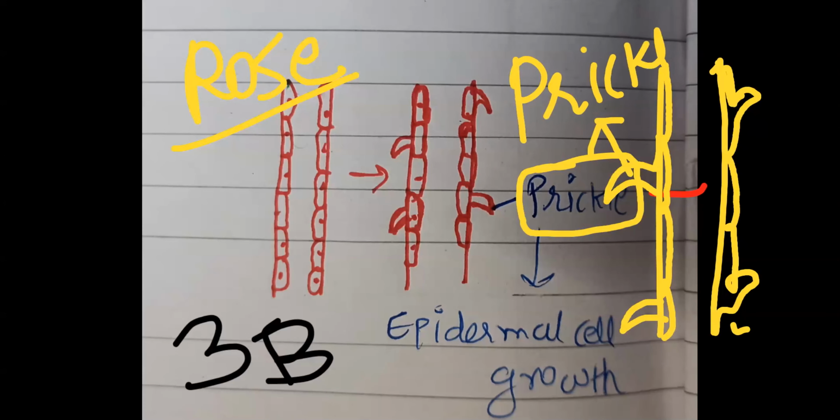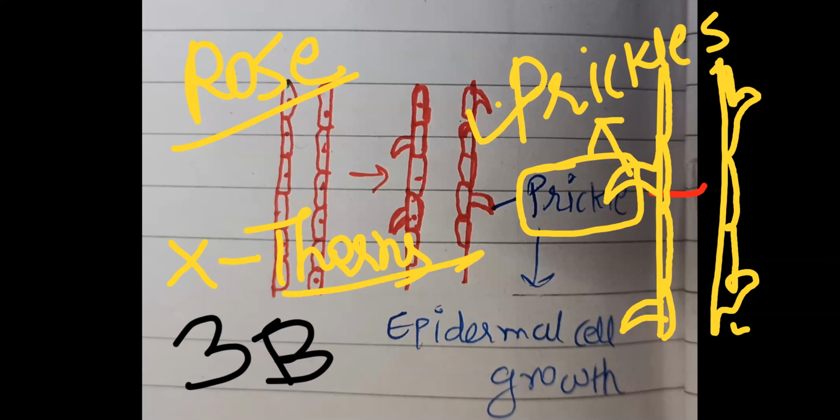They are not exactly the thorn. What will be the difference between thorn and prickle? If this pointed structure, when we observe on the stem axis, can easily break, remember they are prickles. Those that cannot, remember they are thorns, actual thorns. Okay, in prickles it is just the epidermal cells that have grown in that curved form.